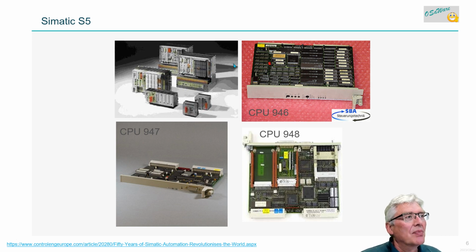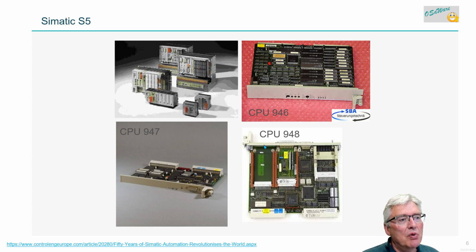Yeah, whatever. There are SIMATIC S5 and more CPUs. This is S5 95U, 100U, 115U, 135U, and 155U. And the CPUs here are CPU 946, 947, which worked as a pair.